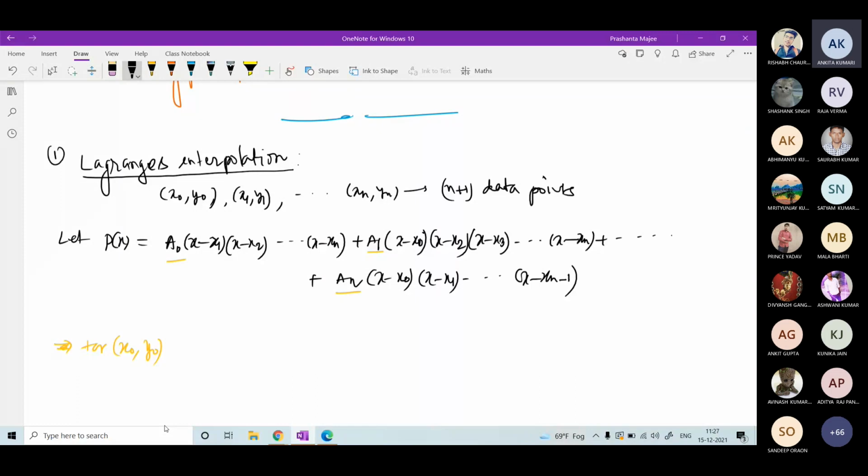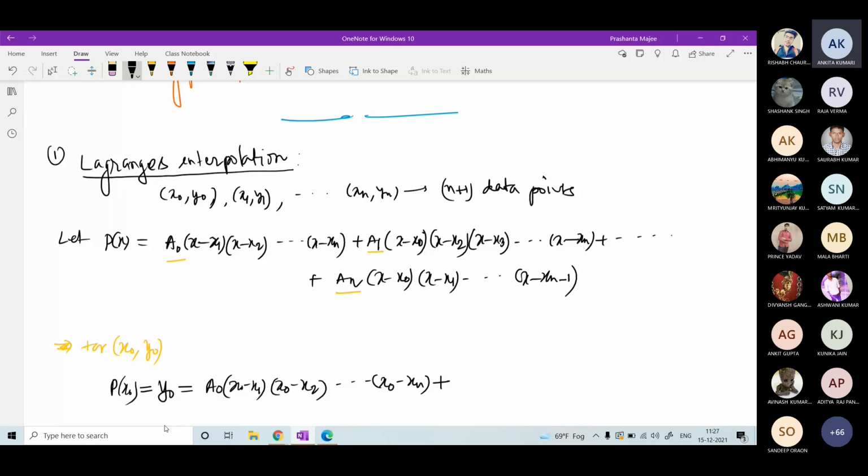What is on the left hand side? For the point (x0, y0), left hand side is p(x0), which is nothing but y0. And what is on the right hand side? a0 into (x0 minus x1)(x0 minus x2) up to (x0 minus xn). And what about the remaining terms?